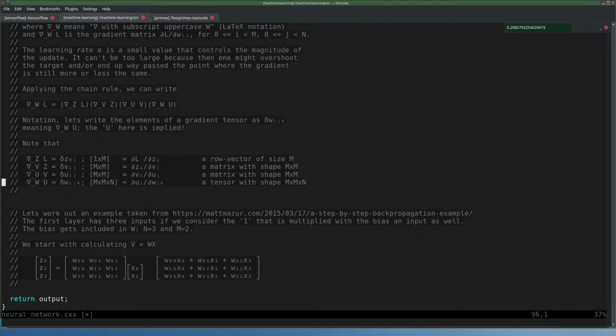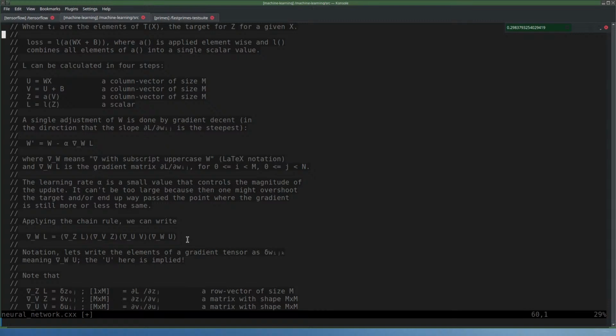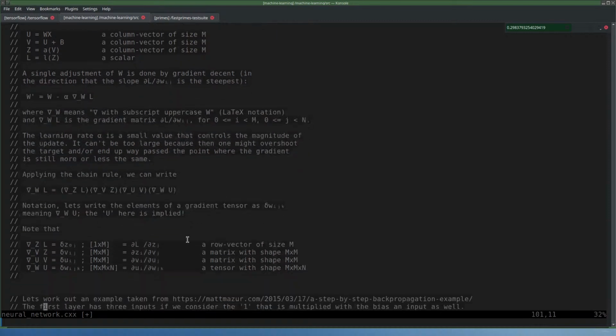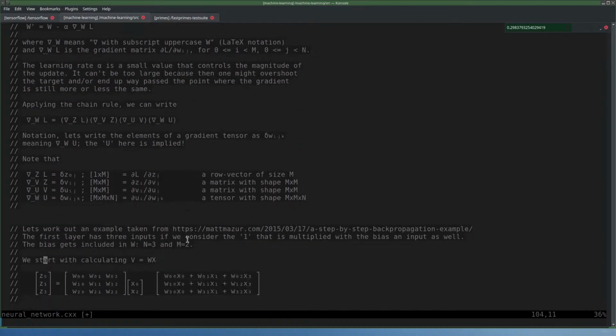Probably better to use U, otherwise I don't understand this anymore. I'm just going to assume that the weight matrix is that big, and then the results must be U. And this is just something we're going to skip, meaning I'm going to assume that B is 0, so V and U are equal. It doesn't really matter what I use. Let's use V, but basically V and U are the same thing now.